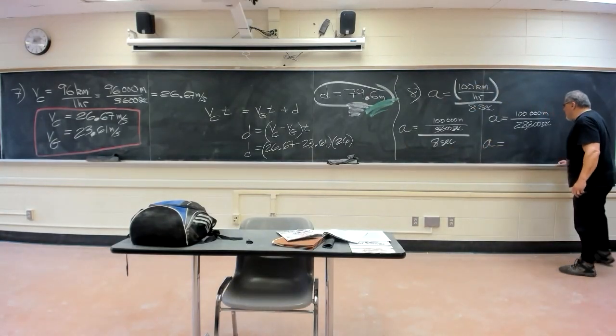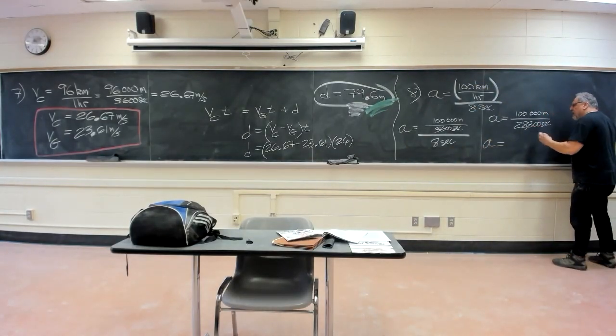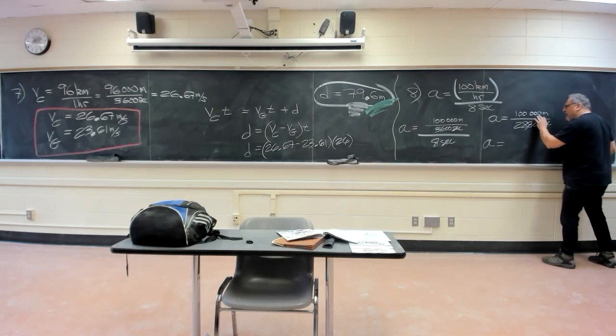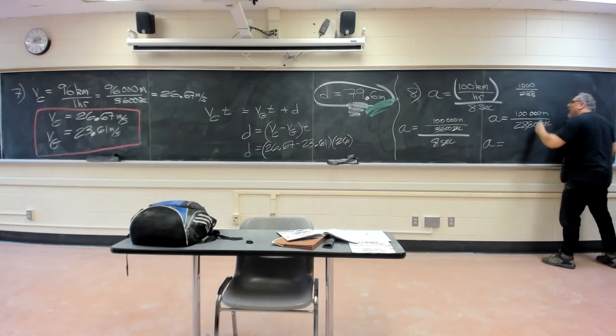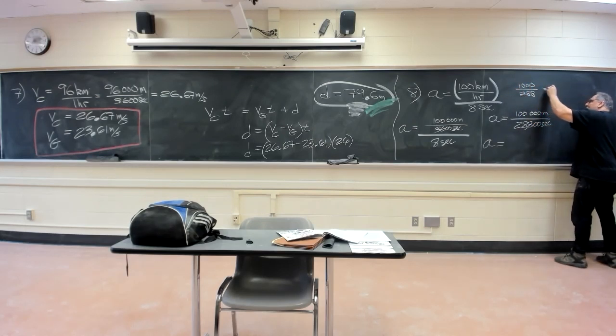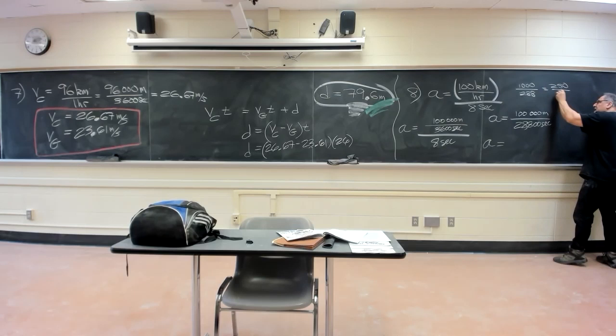At the end of the day, you could factor 100 out of here and factor 100 out of there, and you've got 1,000 over 288. Factor a 4 out of here, you got 250. Factor a 4 out of here, you got 72.